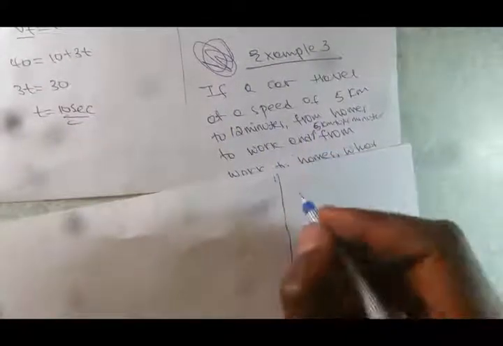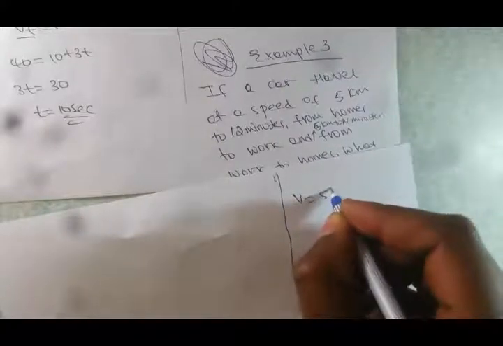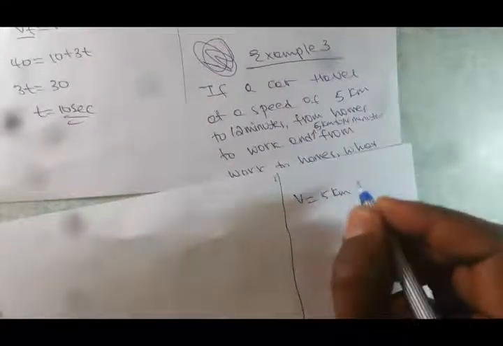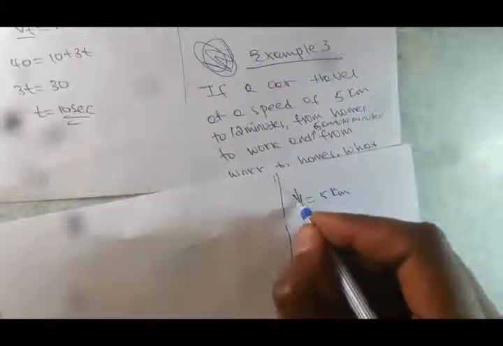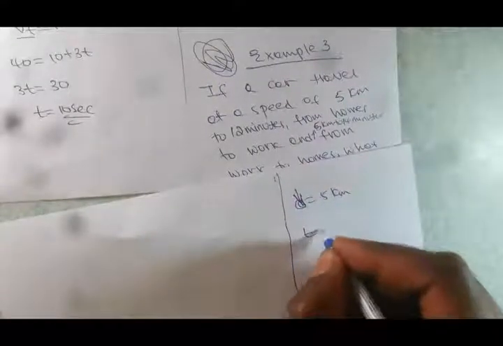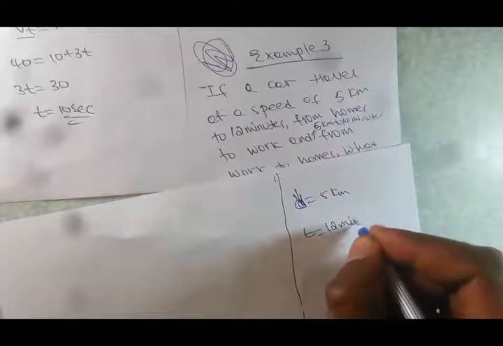Okay, example 3 says that a car is traveling, and its distance is given as 5 kilometers in a time of 12 minutes.